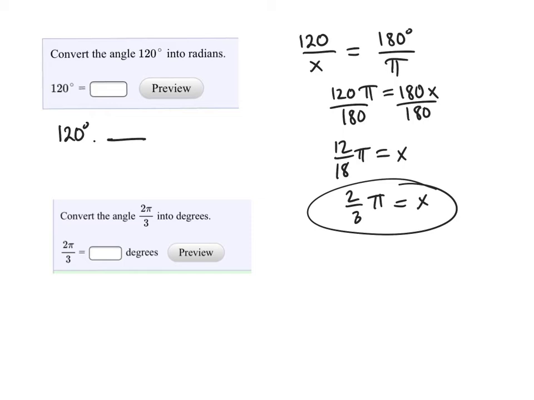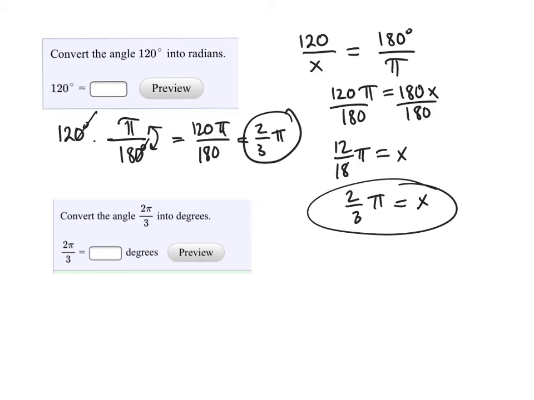So I know that pi radians is equal to 180 degrees. The top and the bottom here are equal things, so I'm really multiplying 120 degrees by 1. When I do that, the degrees above cancel with the degrees below, and I end up with 120 pi over 180. And again, that will reduce to 2/3 pi. So 2/3 pi is the answer here.